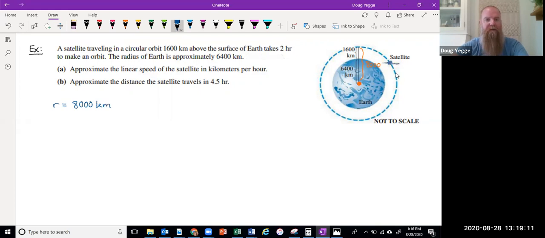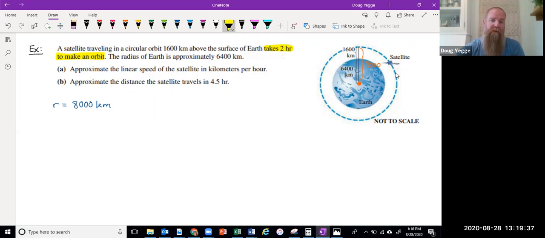And part A is asking us to approximate the linear speed of the satellite in kilometers per hour, right? So one thing that's important is that it takes 2 hours to make an orbit. I'm thinking of a couple of different ways to approach this problem. We could figure out the arc length for one orbit.